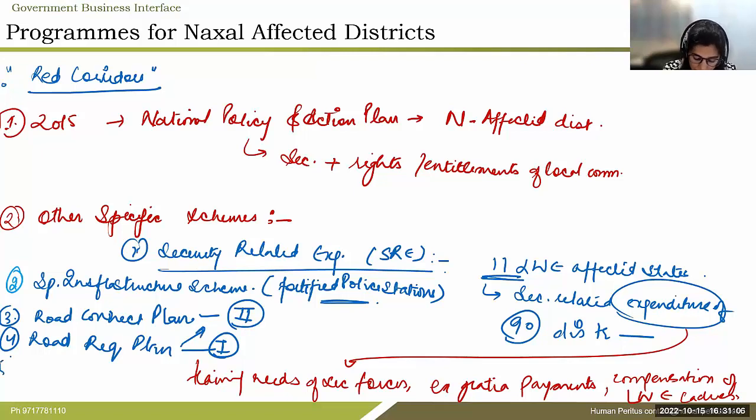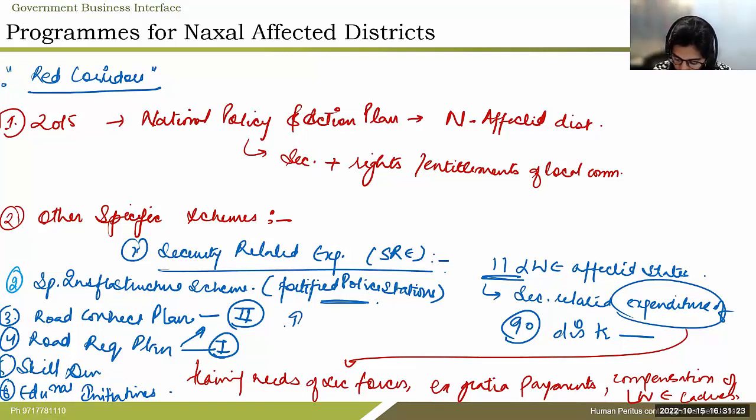All right. There are skill development plans. There are educational initiatives. There are financial inclusion plans. I will write it down here, mobile tower installation plans.